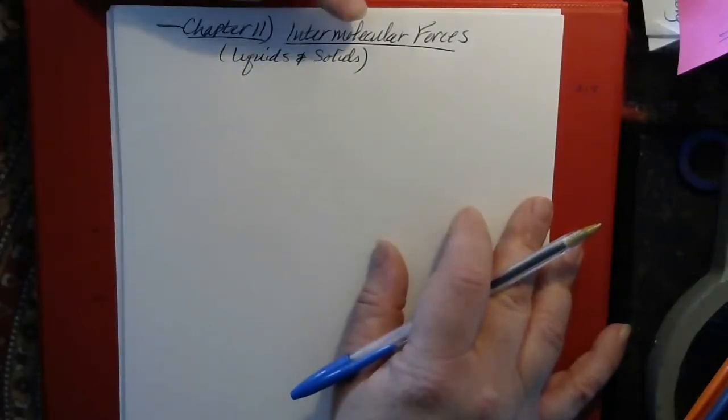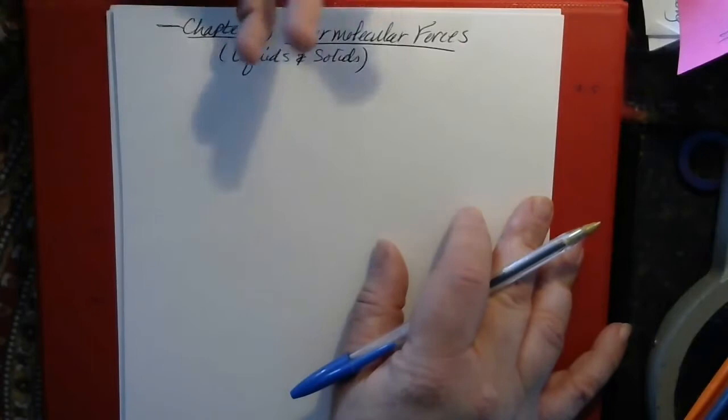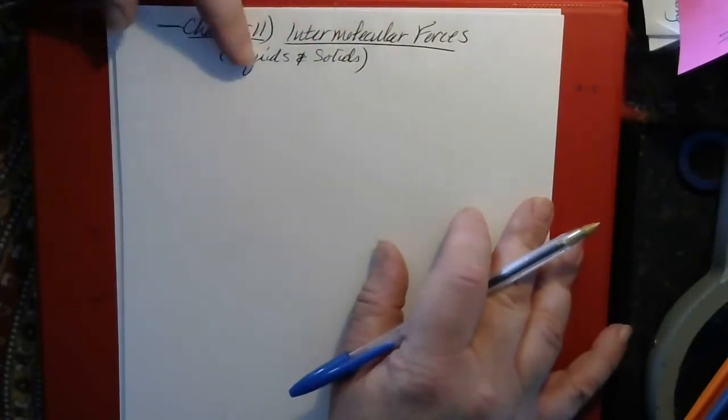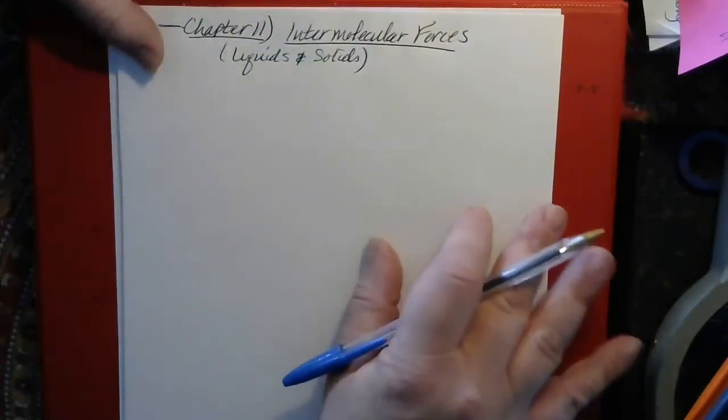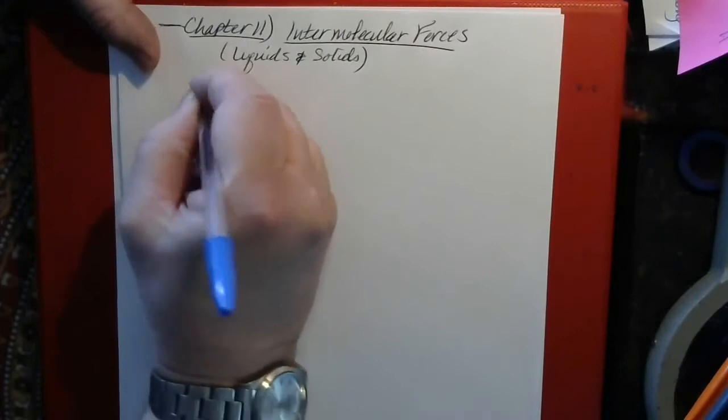So gases have essentially no intermolecular attractions. Turns out liquids have moderate intermolecular attractions, and solids have really strong intermolecular attractions. And that is the fundamental difference.